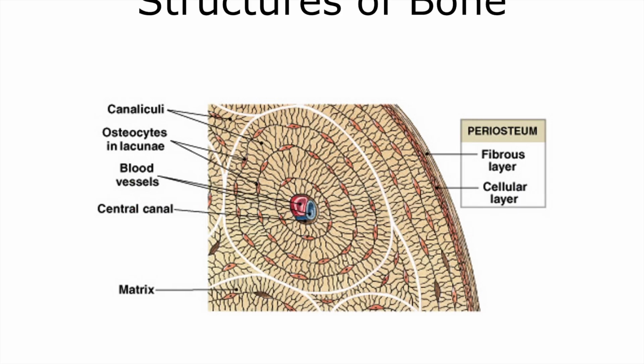Bone we're going to talk about a lot more in lecture 3, but compact bone in particular, which is what I'm showing here, has a fairly distinguished and easy to identify bullseye shape. So with compact bone, you're going to have a central canal. That's going to be where the blood vessels, so the arteries and veins, as well as the nerves run.